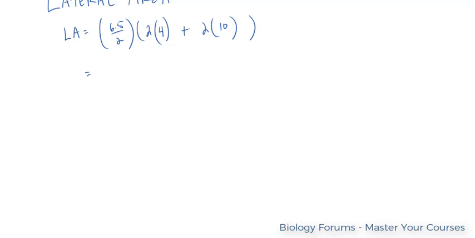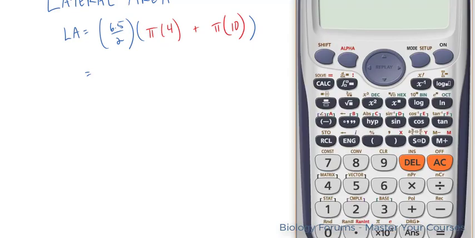Yes, we have. We forgot the pi. And if it's the diameter, we drop the 2. Excuse me. Let's correct that before we make any more mistakes. So it should be pi times 4 plus pi times 10. I knew I was missing a pi somewhere. So let's go back to our calculator. Let's calculate this from start.